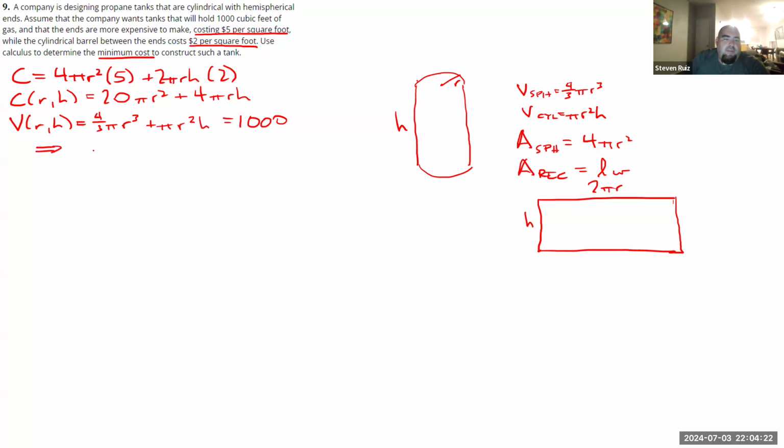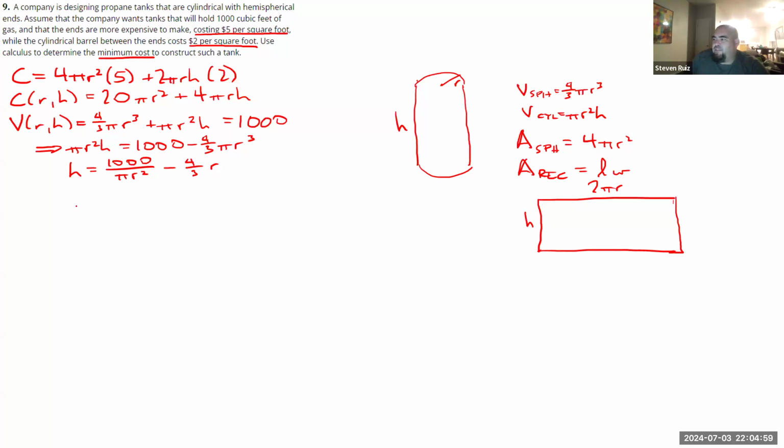So pi r squared h equals 1,000 minus 4/3 pi r cubed, or h equals 1,000 divided by pi r squared minus, the pi's cancel, 4/3 r. Yep. So 1,000 over pi r squared minus 4/3 r.